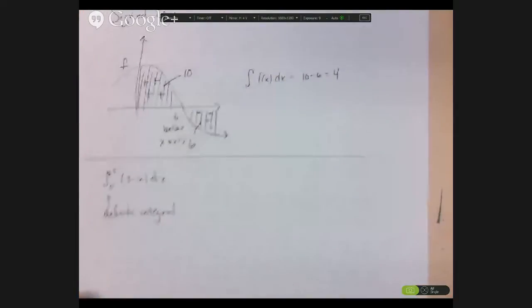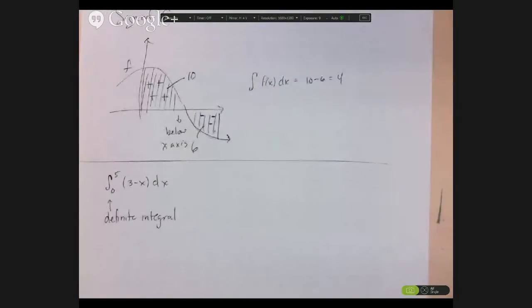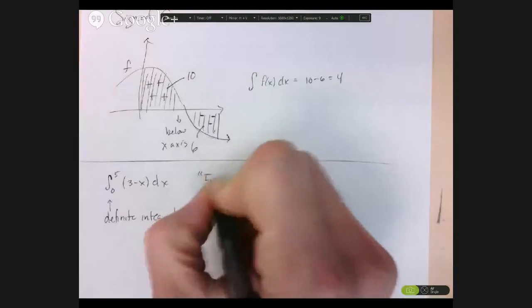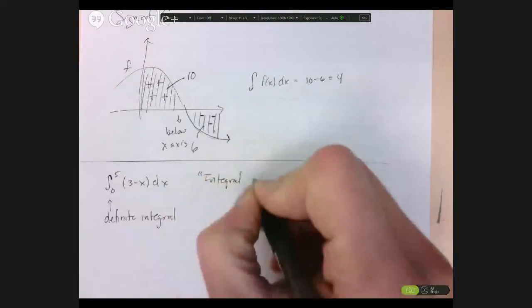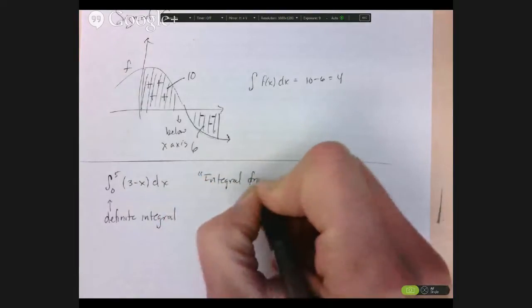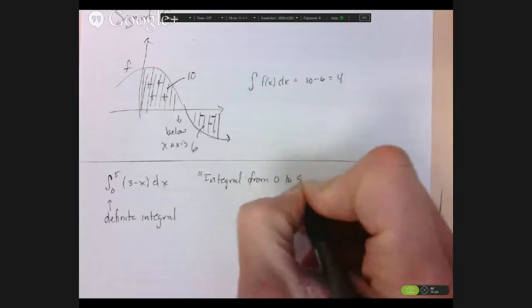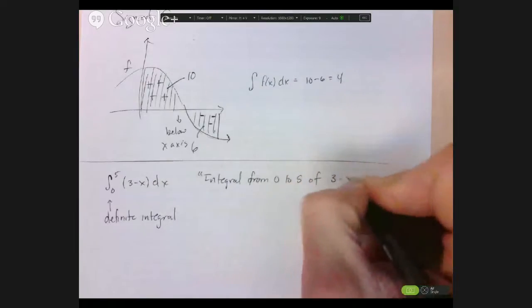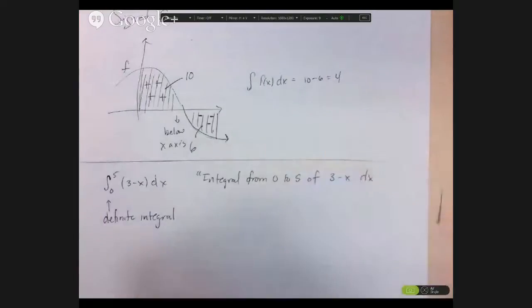Right, you see the numbers now? Those are basically what we would say is the integral from 0 to 5 of 3 minus x dx. Okay, that's what I would say.